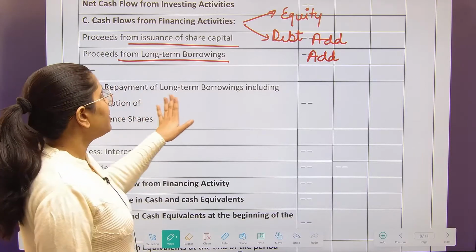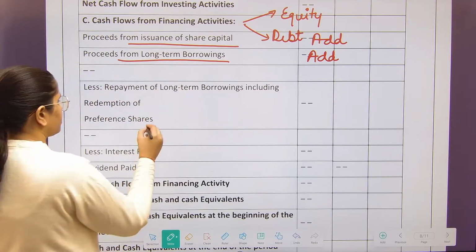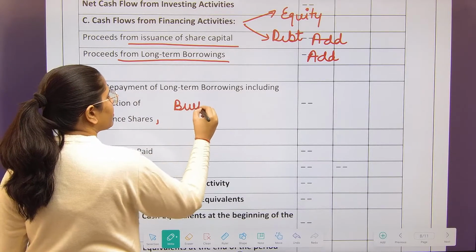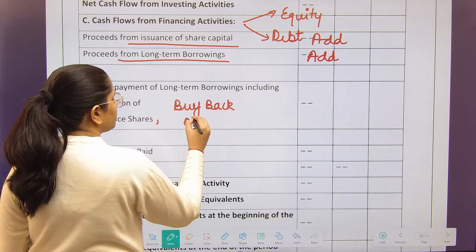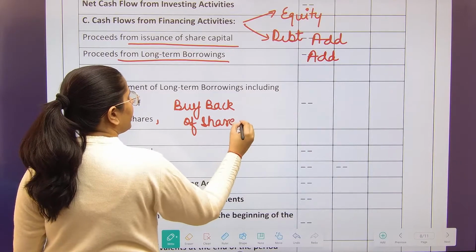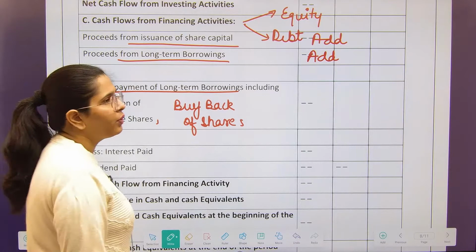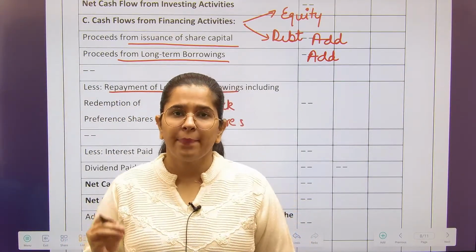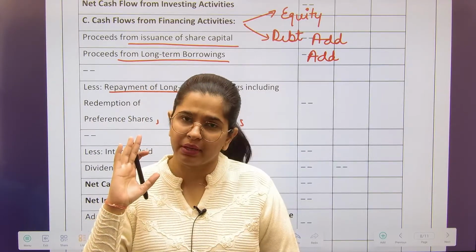Next, repayment of long-term borrowings including redemption of preference shares. So see, redemption of preference shares, buyback of shares, as well as repayment of long-term borrowings. What you are doing in all these three scenarios is you are paying the capital back to the people.